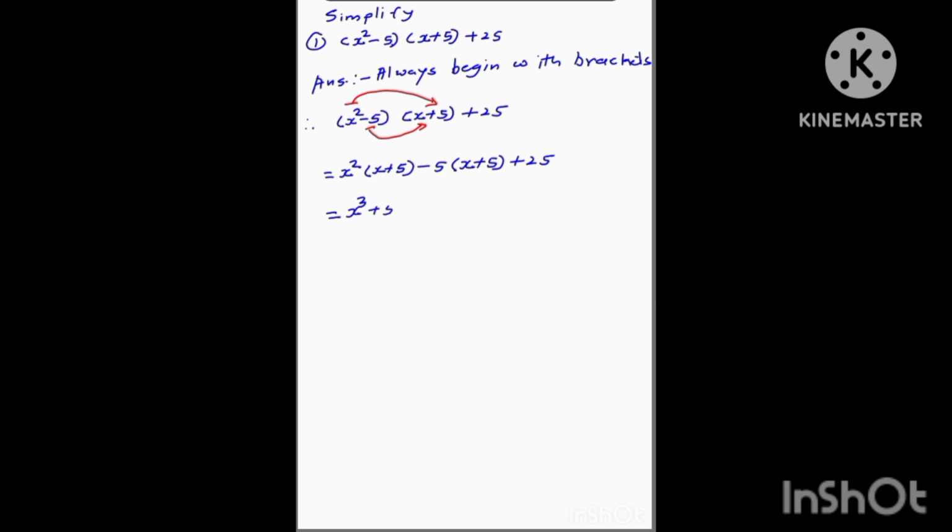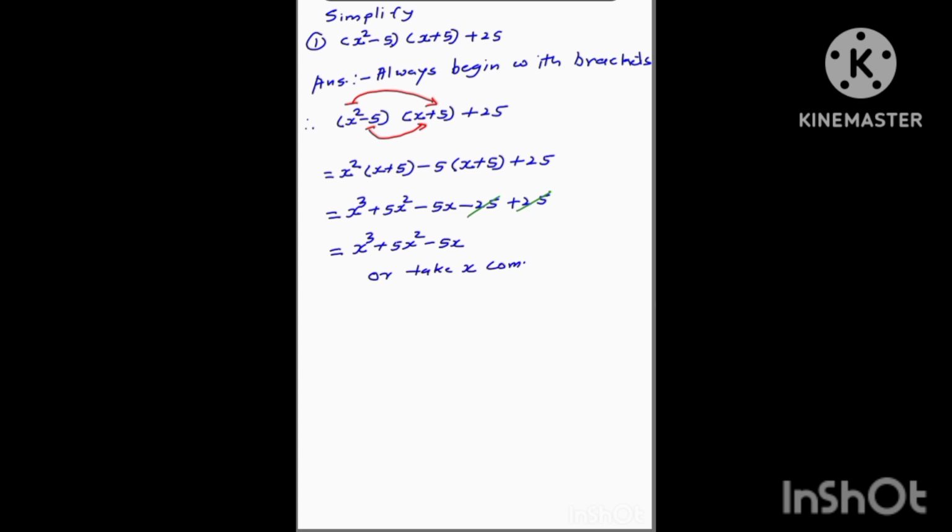Now carry out the actual multiplication: x³ plus 5x² minus 5x minus 25 plus 25. Okay, so this 25 cancels, and you are left with x³ plus 5x² minus 5x. Okay, you can take x common, or you need not take, up to you.